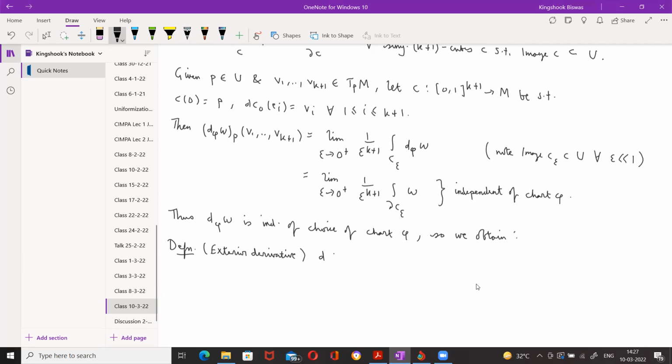This will be a map from K forms to K plus 1 forms.